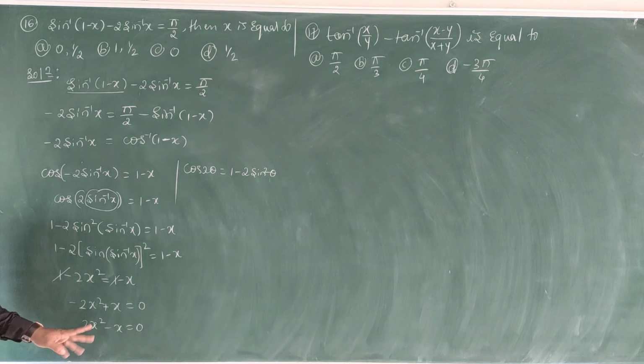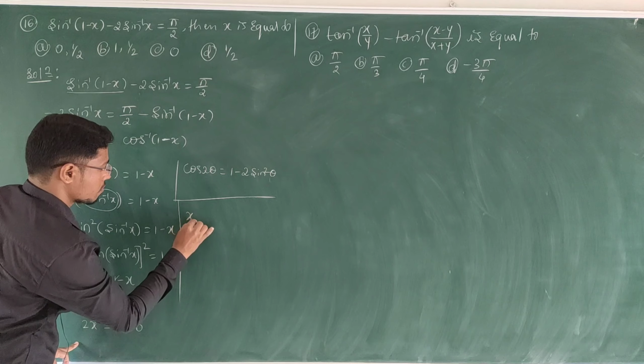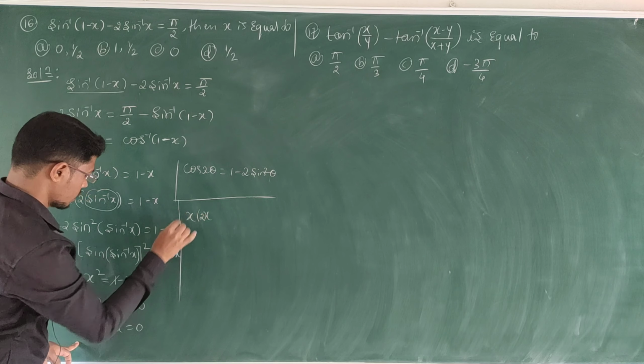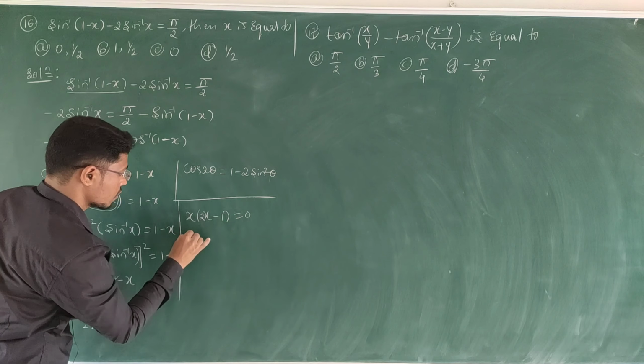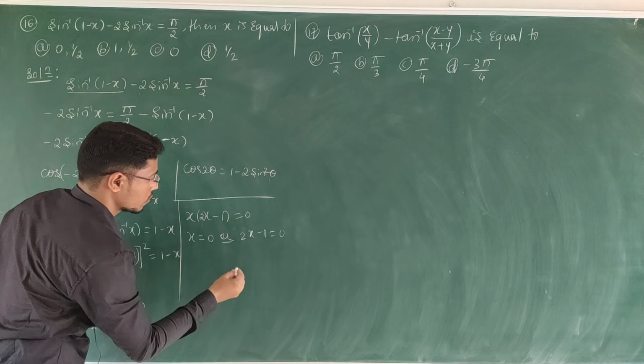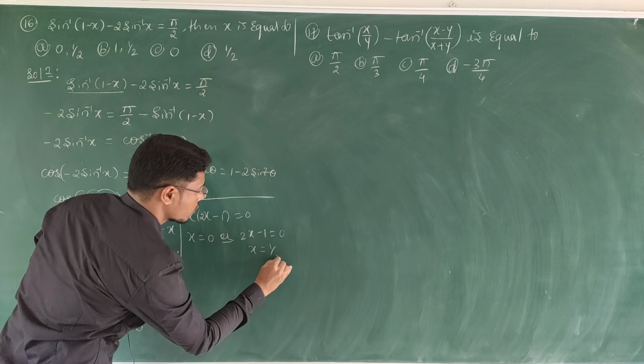From that I will solve here. Take x common: x times 2x minus 1 equals 0, so x equals 0 or 2x minus 1 equals 0, so x is equal to 1 by 2.